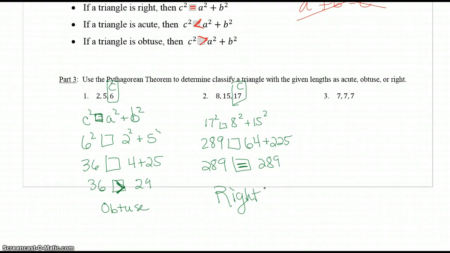Okay, so now check out number 3. Number 3 is kind of special. If we look at that, all 3 side lengths are the exact same. So if all the side lengths are the same, it is equilateral. And if it is equilateral, that means it is equiangular.